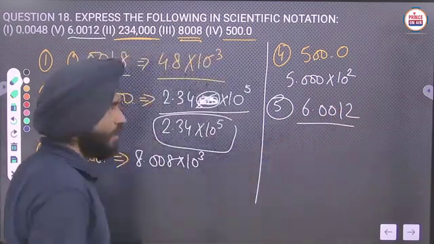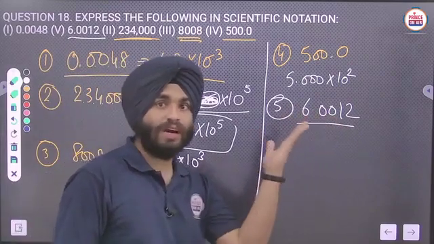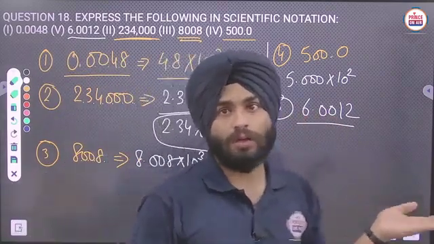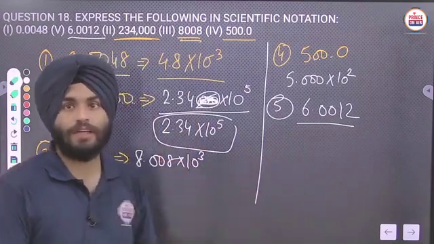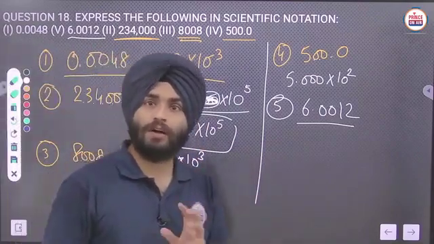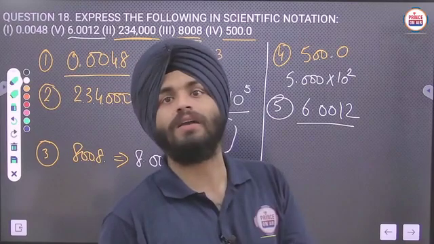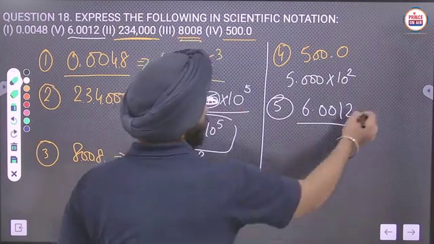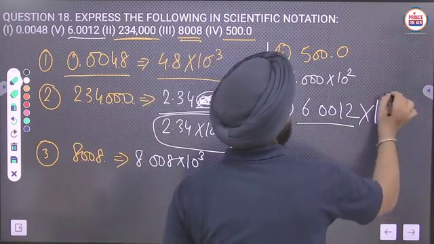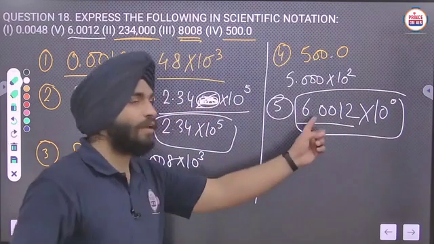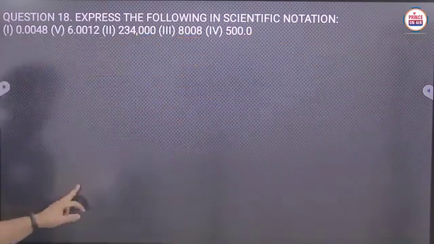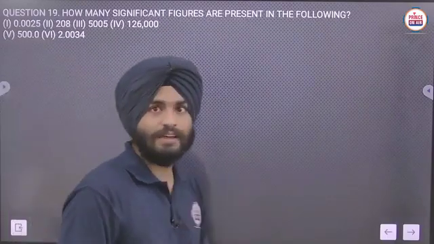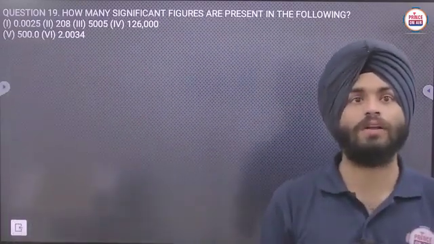That is already in the scientific form. If you want to write it in scientific notation, just multiply it by 10 raised power 0. It is already in the form which we want.